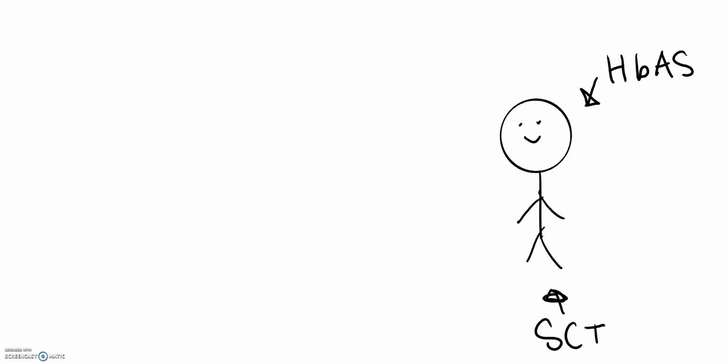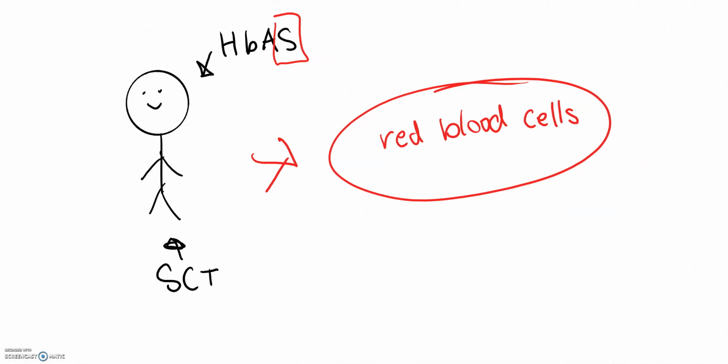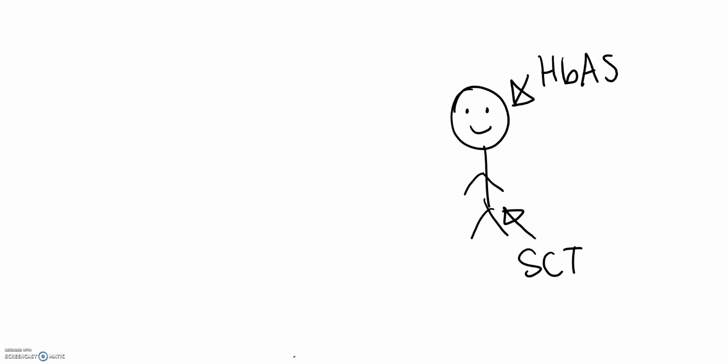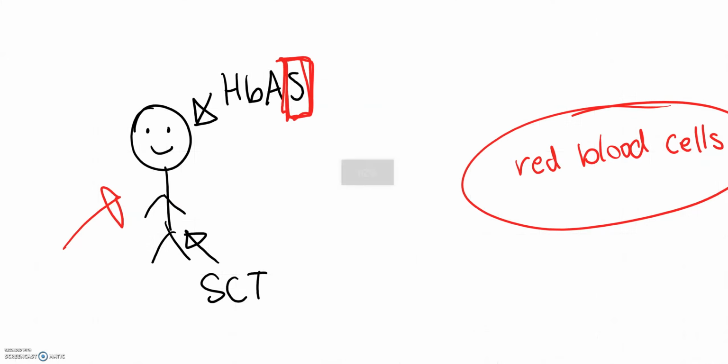A possible explanation for this is because hemoglobin S, which is right here, in people with sickle cell trait pushes for a biochemical change in red blood cells.